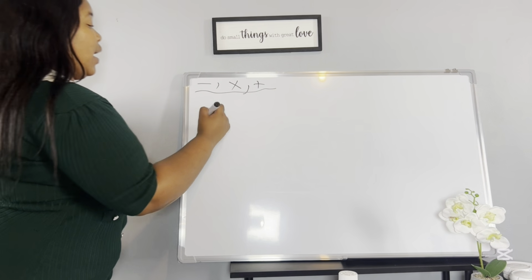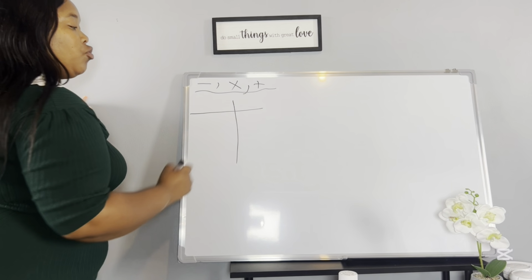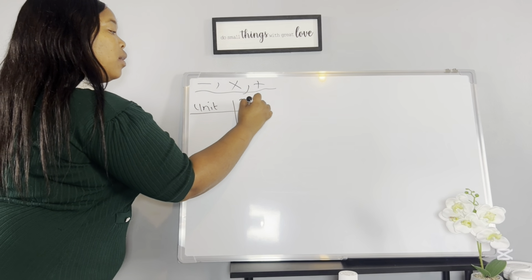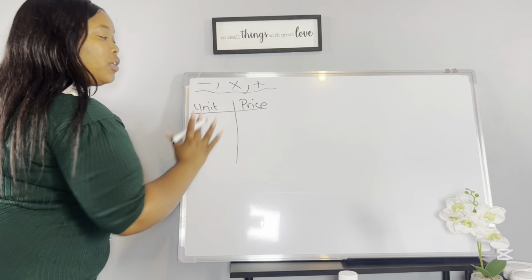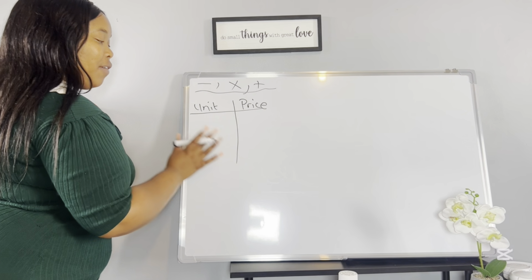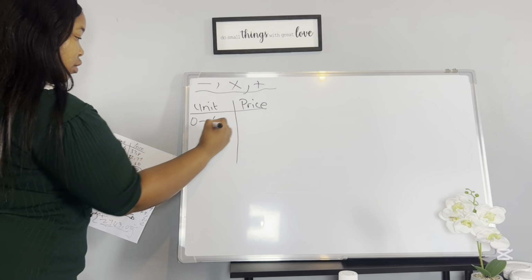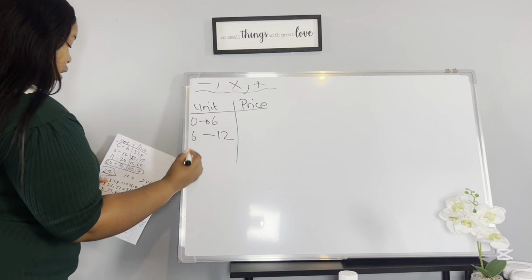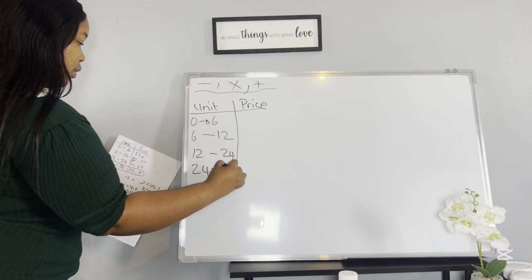Now, remember, in a tariff table, I did say that all tariff tables will have a unit side and also a price. Even though you won't get a tariff table like this, all tariff tables must have a unit and a price. The units are 0 to 6, then 6 to 12, 12 to 24, 24 to 36.